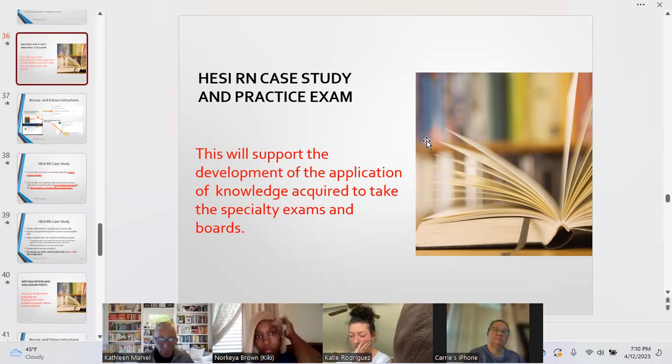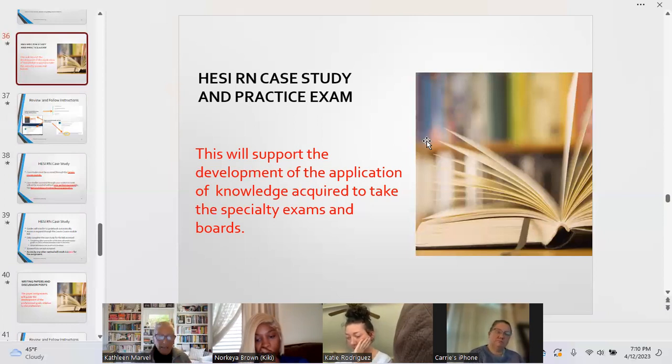Once we look at last term's HESI and see if we have to change any of the information in our study guide, we'll be sending out a pretty big study guide called a HESI study guide. You should be looking at that through the term. It's like a book, 50, 60 pages. If you open it up the day before you take the HESI, it's going to be overwhelming, but if you're continuously looking at it during the term, you'll be ready.